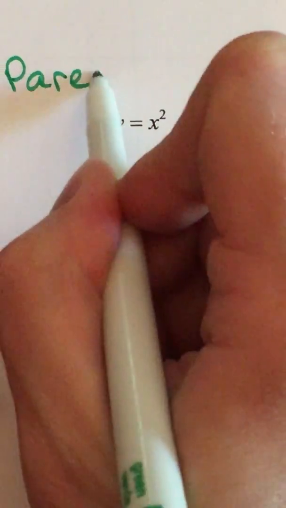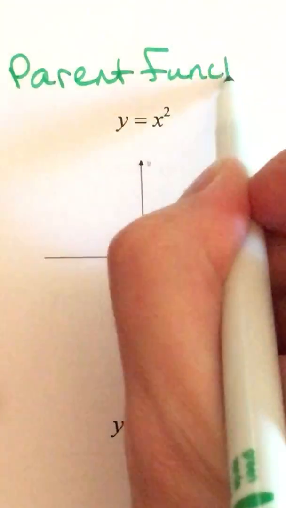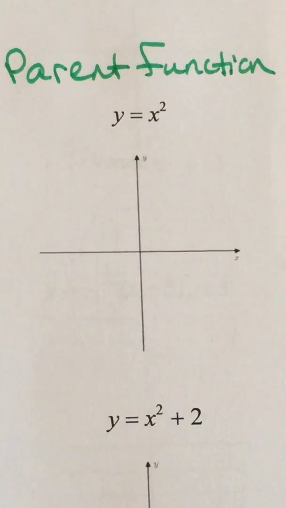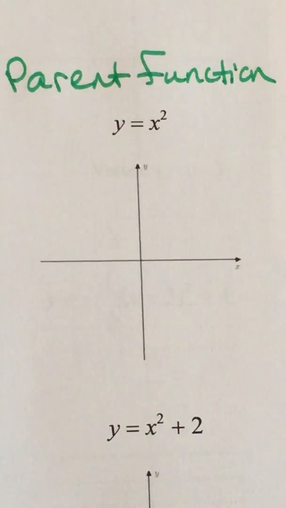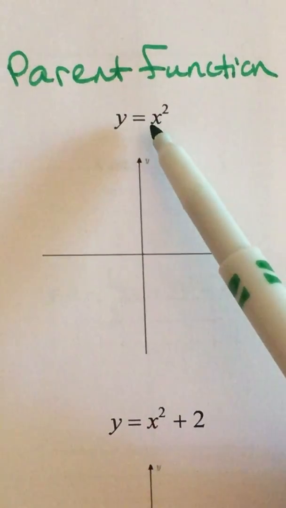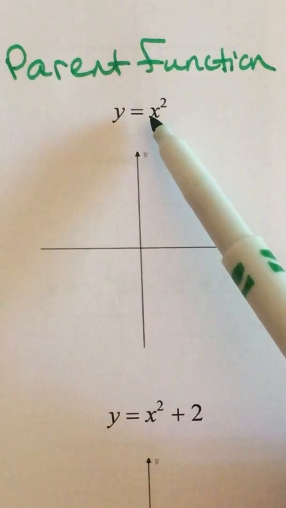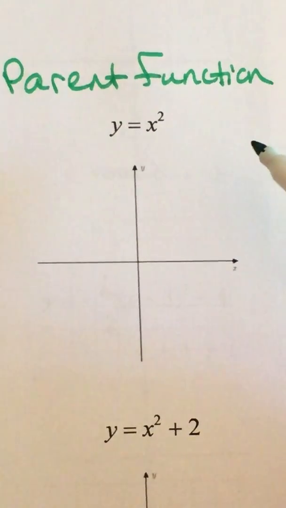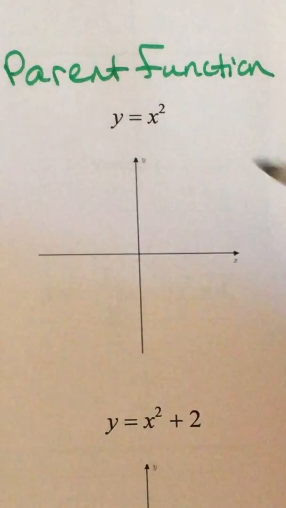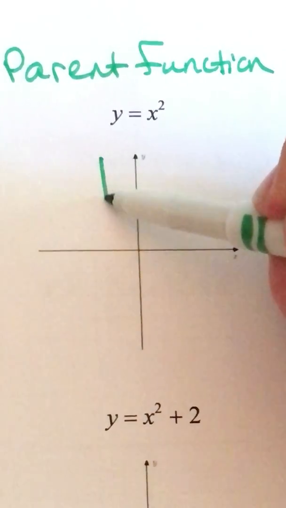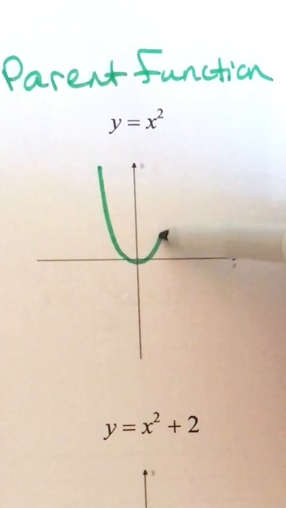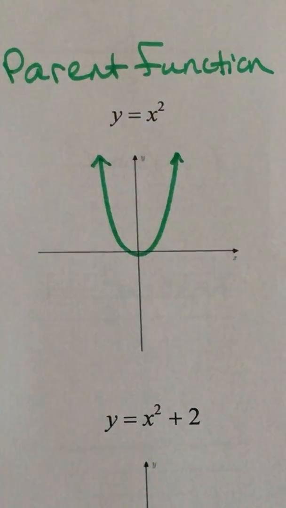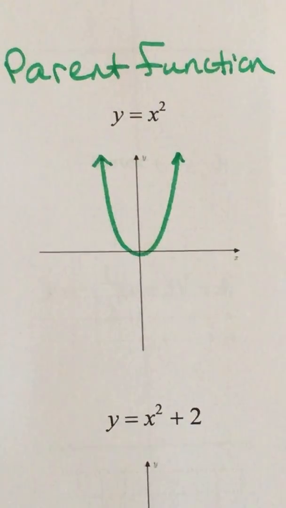This is our parent function for all of the quadratics. And we know it's a U shape. The value in front of x squared is a positive 1, because if nothing is showing, it's assumed it's a 1 and it's positive. And we remember that it is nice and symmetric with its vertex there on the origin. And that's all it is. It's done. There you go.